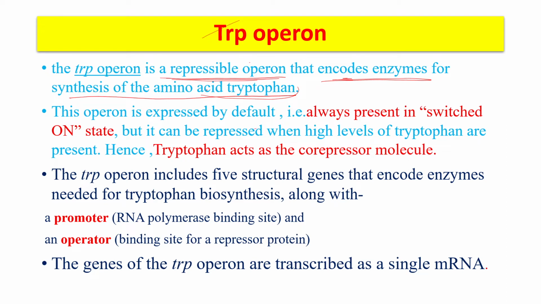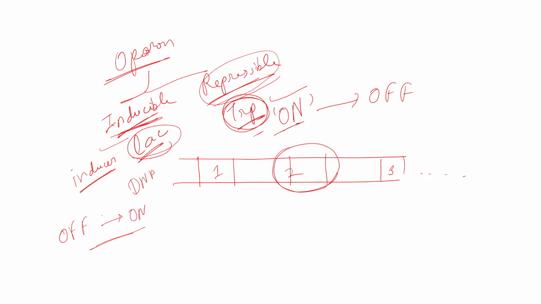By default, it is always present in a switched on state, but it can be repressed, or switched off, with the help of a co-repressor molecule, and the co-repressor molecule in this case is tryptophan.